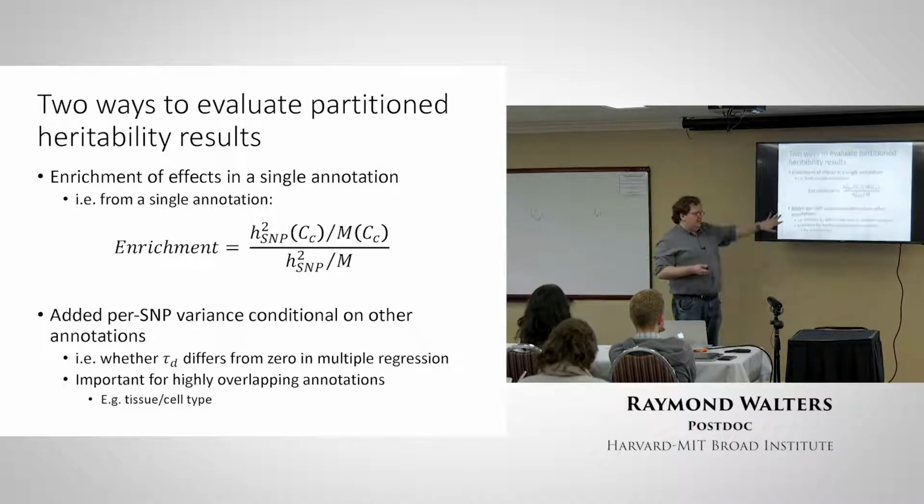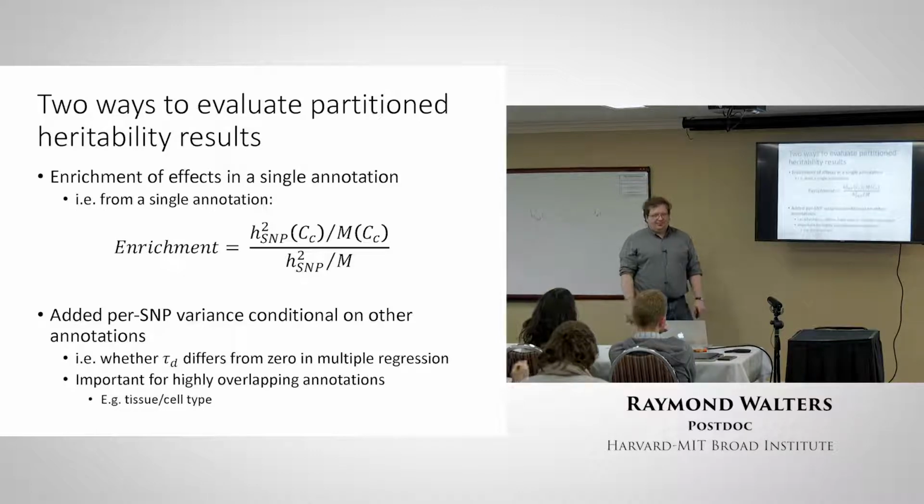So this is very much about conditional on everything else, how valuable is this particular annotation to modeling the per SNP heritability, versus this is about total genome-wide enrichment. We'll talk about some results from each of these that highlight where each of those things is useful to look at. Cool. Any other questions before I flip to the first result slide?